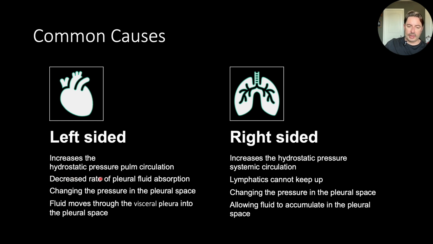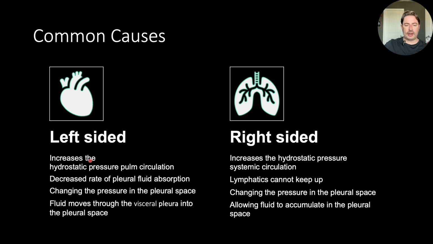When we have all of that extra fluid in our pulmonary circulation, the hydrostatic pressure goes up, and fluid wants to leak out. When the hydrostatic pressure is greater than the oncotic pressure, fluid wants to leak out.